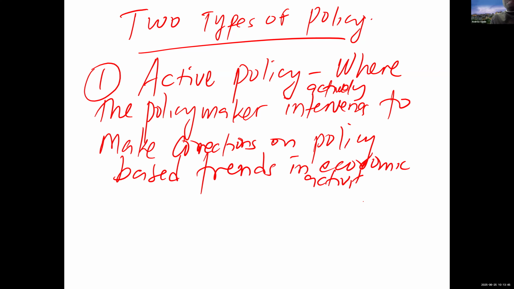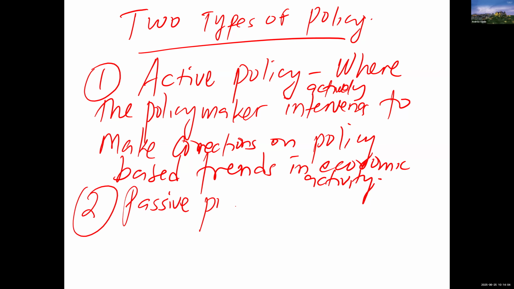So, for example, if GDP is falling, the economy is going into a recession, the central bank is going to jump straight in and say, okay, let's lower the interest rate. They're actively involved because they're following the trend. But the second is what we call passive policy.